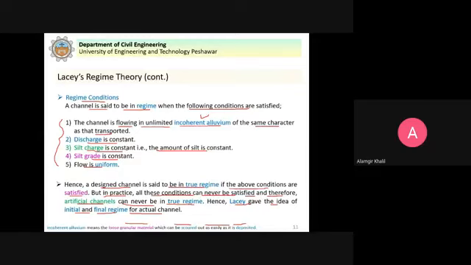So in practice, these conditions can never be satisfied in the artificial channels that we design. That is why artificial channels can never be in true regime.